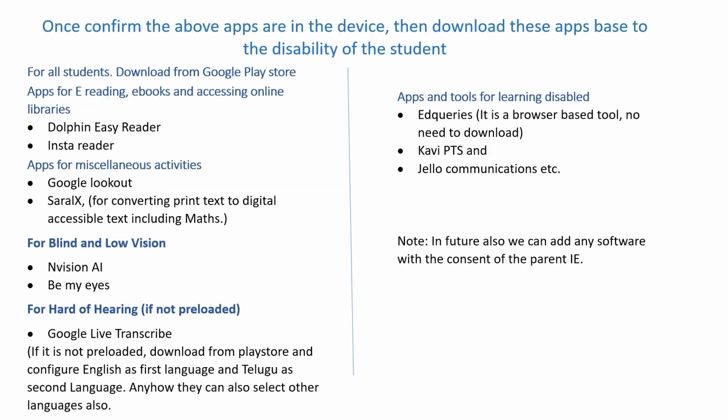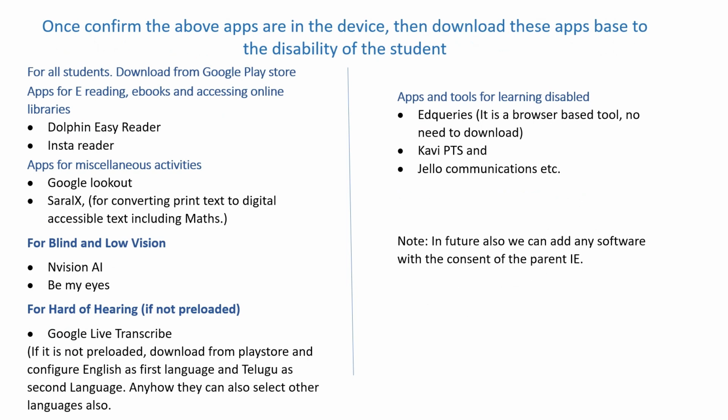Ensure that Google Live Transcribe is in the system. Once you download it, set the first language as English and second language as Telugu. Anyhow, the child will be able to go to many other languages also if they have to be in the Hindi class or Sanskrit class or anywhere.